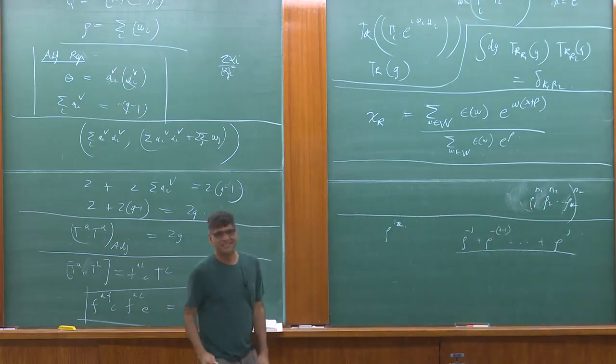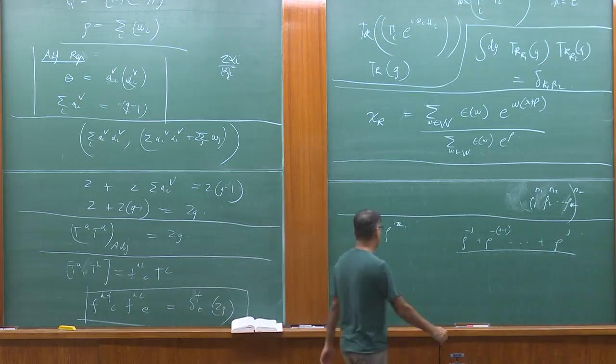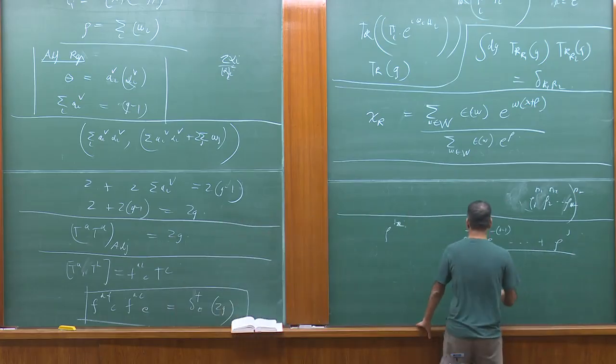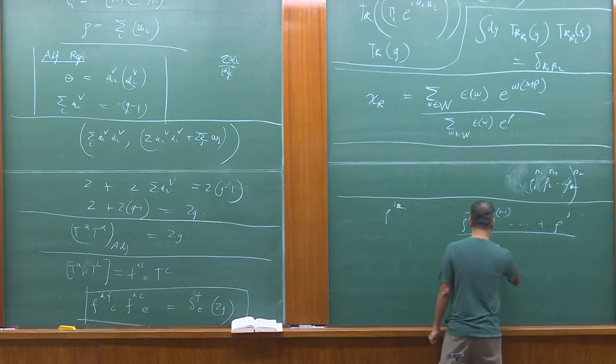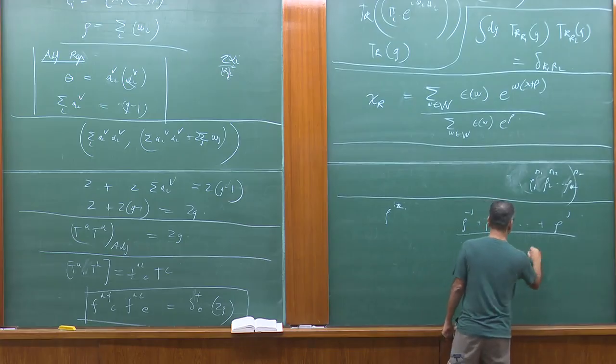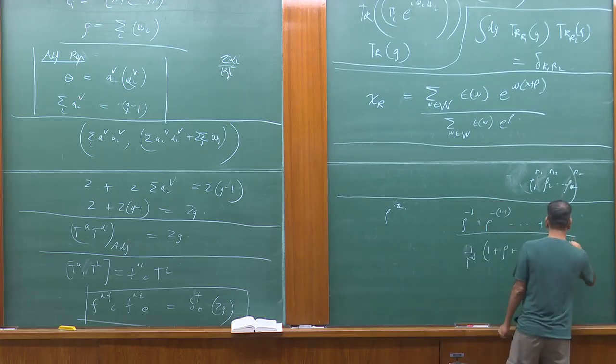Now this is a geometric series, so we can sum it up. Let's write this as 1 over rho to the power j into 1 plus rho plus up to rho to the power 2j.